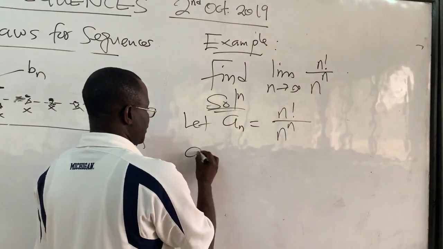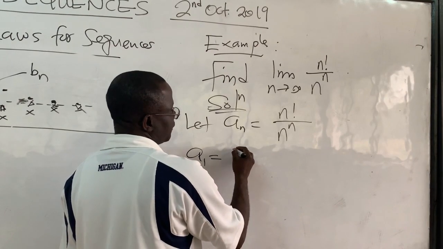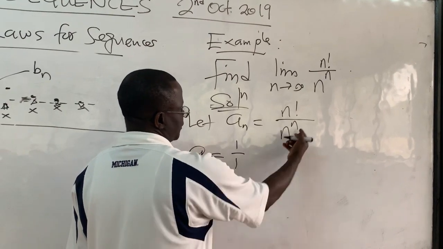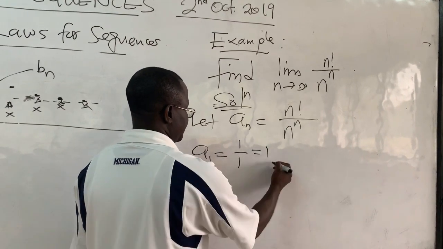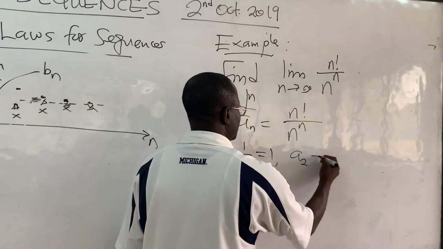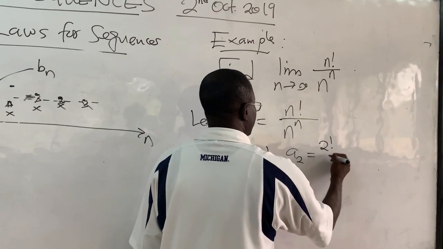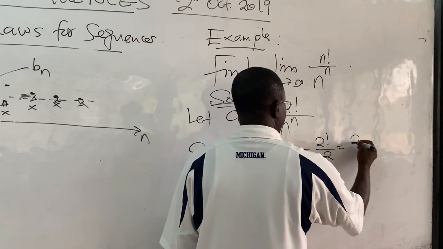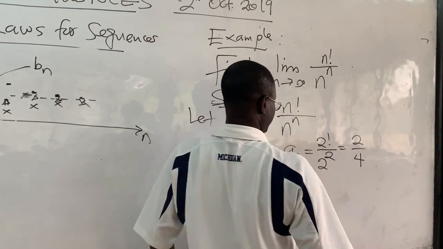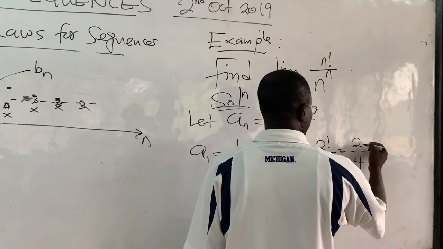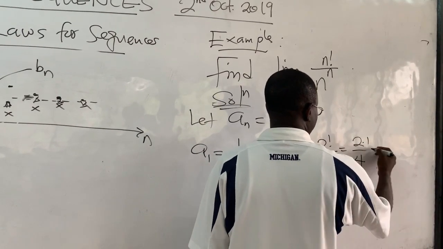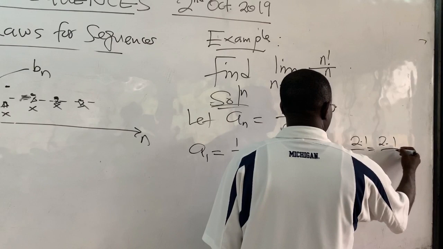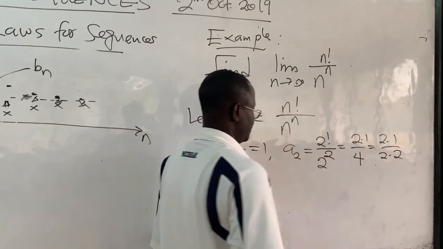When n is 1, I'm going to have a1, which is 1 factorial over 1 to the 1, so this is just 1. A2 will be 2 factorial all over 2 to the power 2, so this is basically 2 over 4, which is 2 times 1 over 2 times 2.